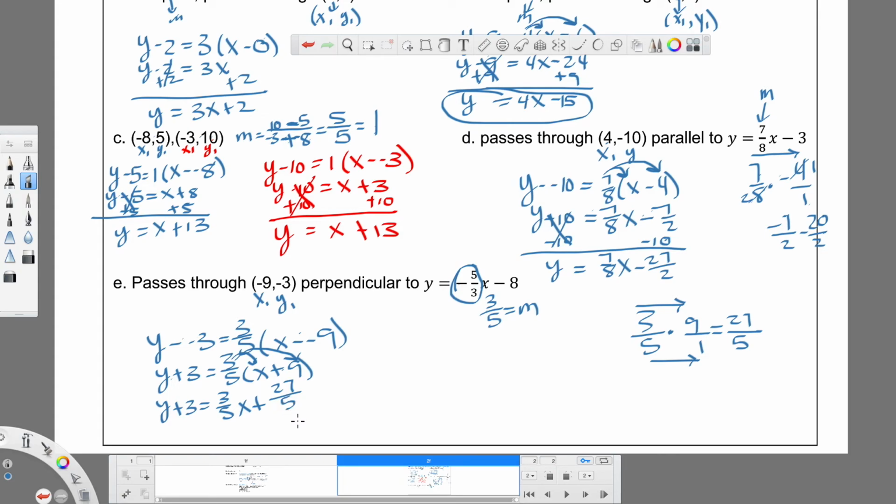All right, now I'm going to subtract 3 from both sides. These guys cancel, and I end up with y equals 3/5 x plus, now if I want to do 3, remember that means 3 whole pieces, and each piece has 5 in it. So that's minus 15/5. Just keep in mind, that's kind of going over there like that.